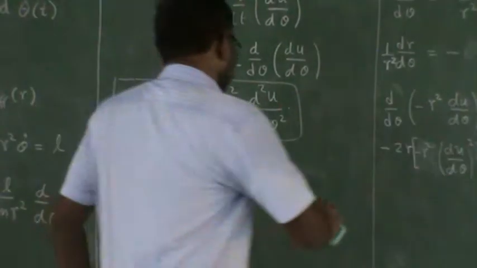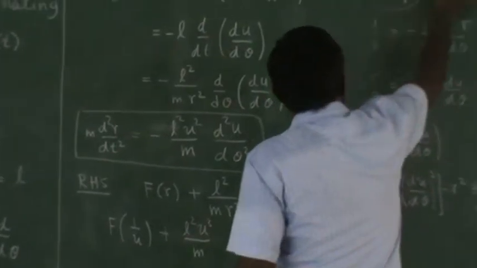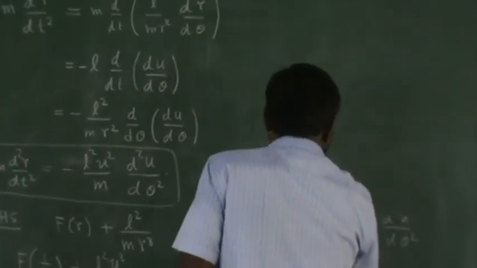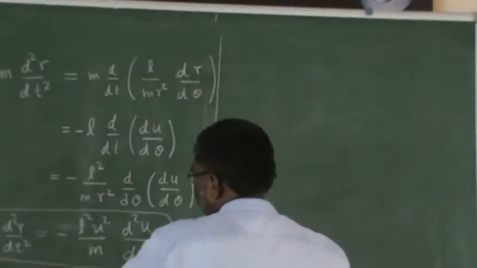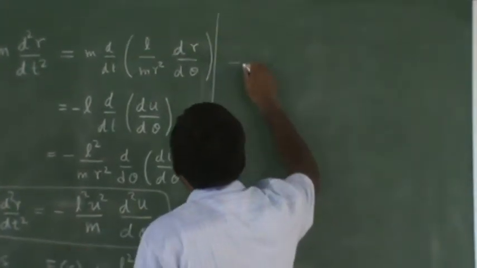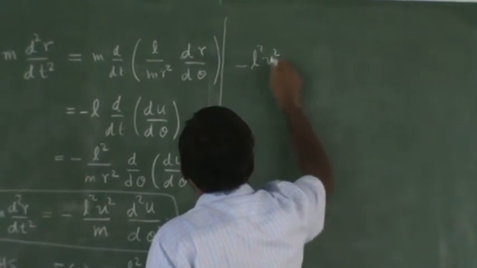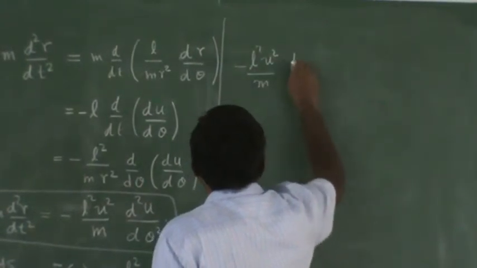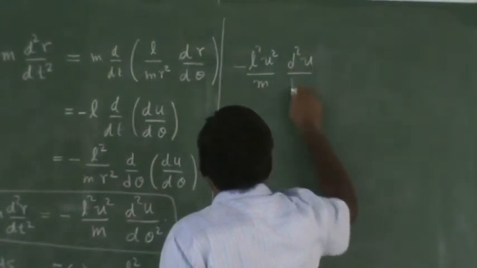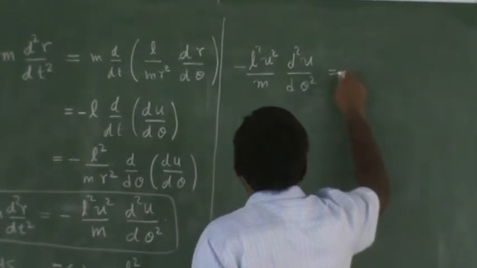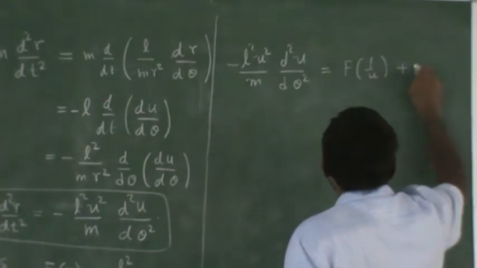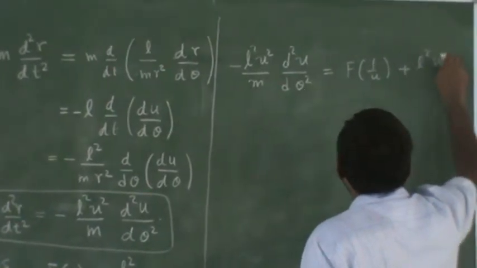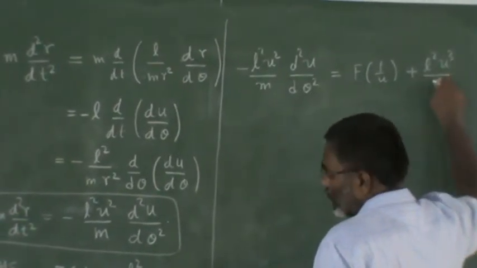As a result, the equation for the orbit can be written in the following form, that is minus L square u square divided by m d square u by d theta square is equal to f of 1 by u plus L square u cube divided by m.